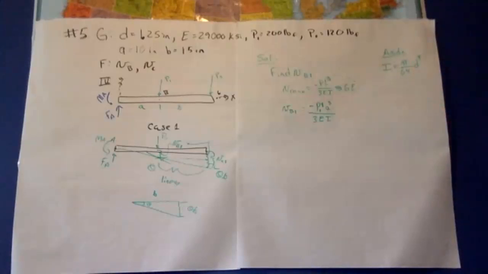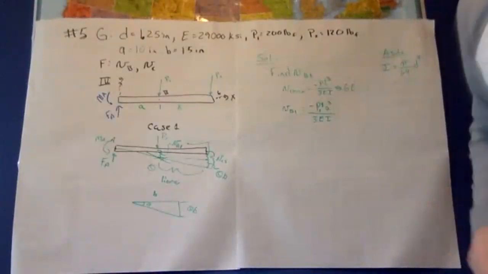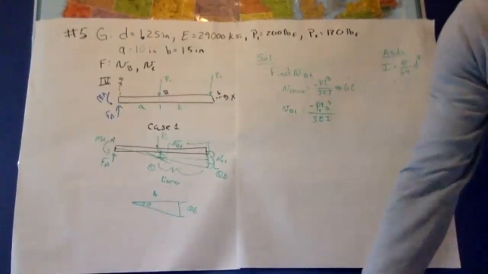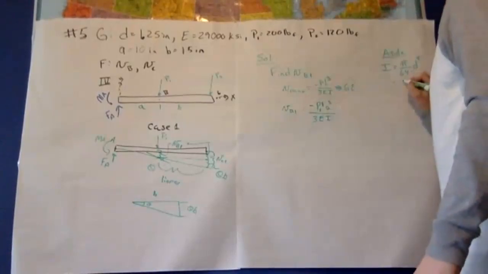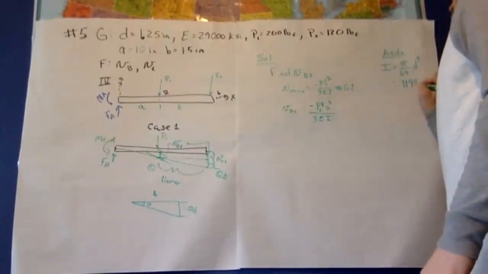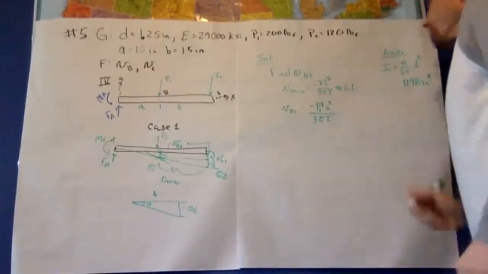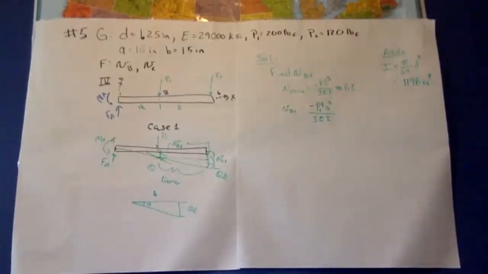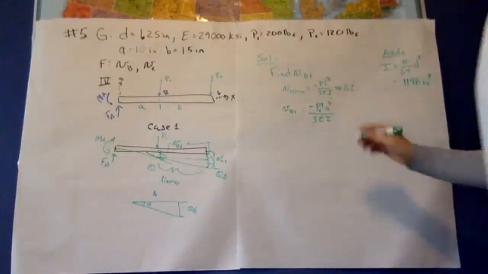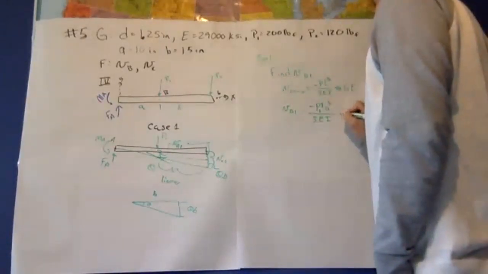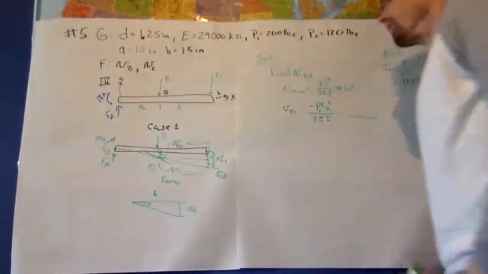Awesome. So we get a number, and the number is 0.1198 inches to the 4th. So now we know P1, we know A, we know E, and we know I. So we can figure out a number for that.